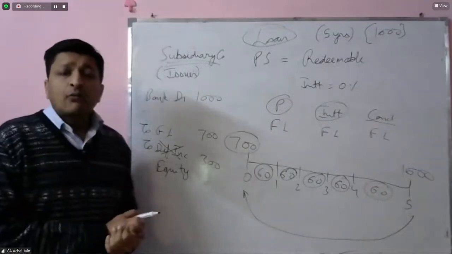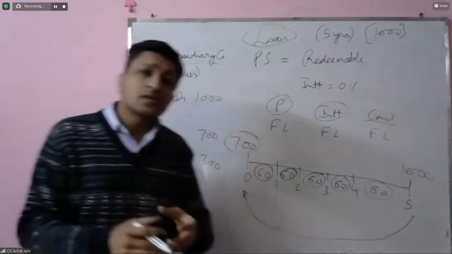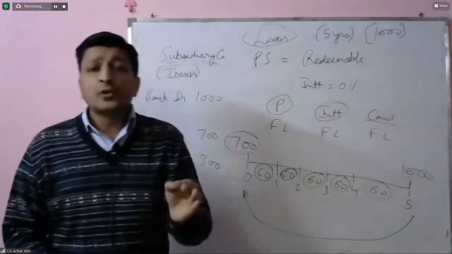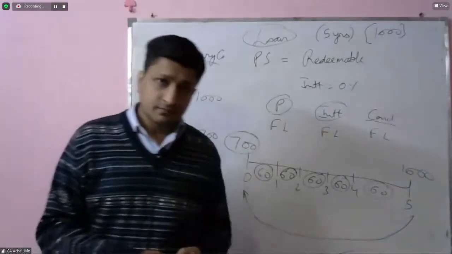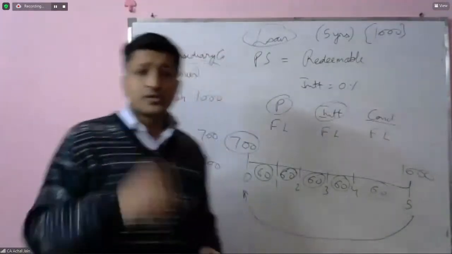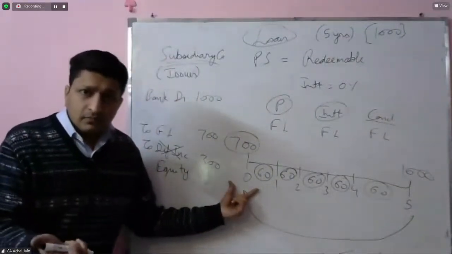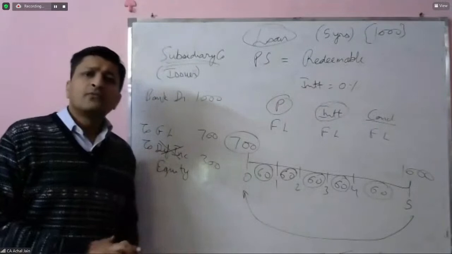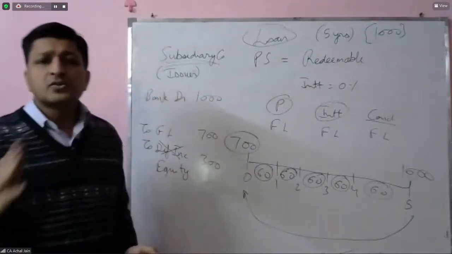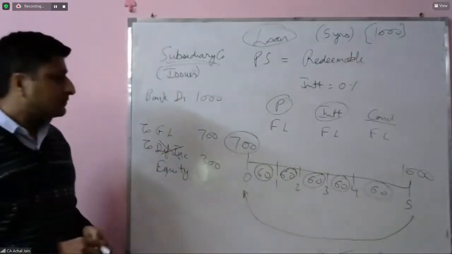And what the group companies can do is that if the group wants this subsidiary to show any income, very simply they can pass on a loan to its subsidiary.